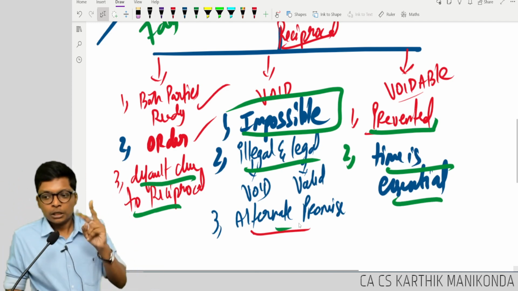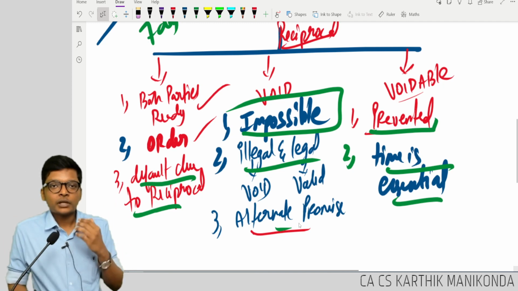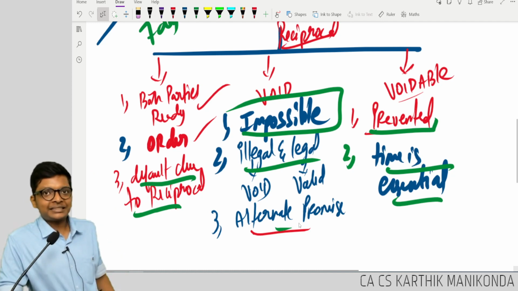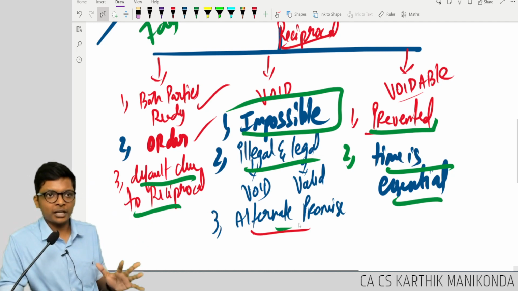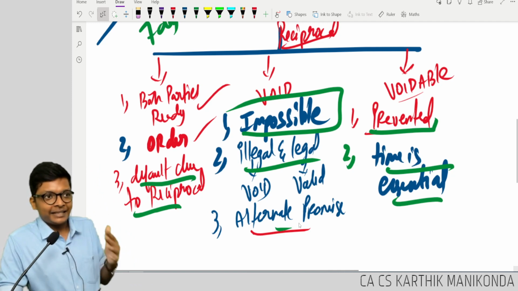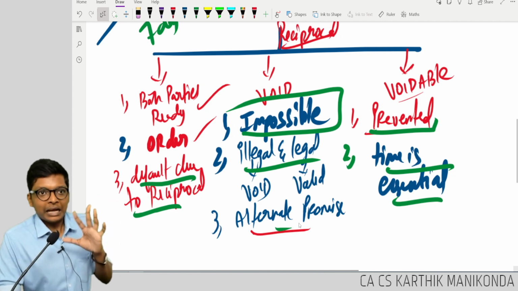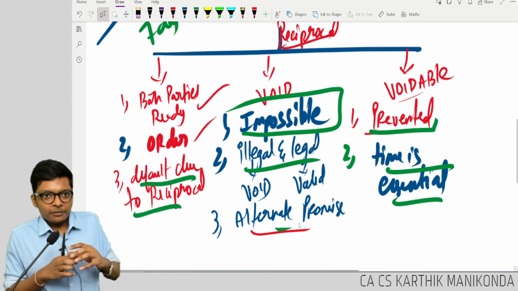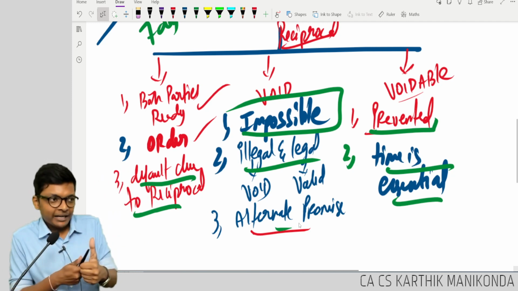Alternate promise. Look at the difference between these two. Alternate promise, I have to pay rent. Let's say I have to pay rent of 50,000 per month. Next month, December, no classes. So I can't pay rent. So I am telling I will pay rent if I get money from class. So it's a valid contract.